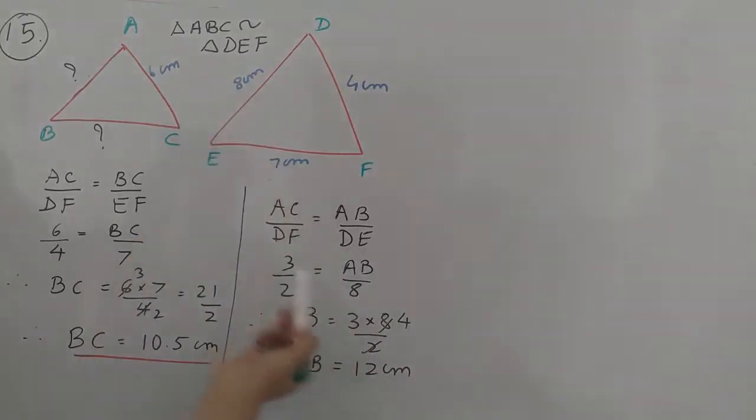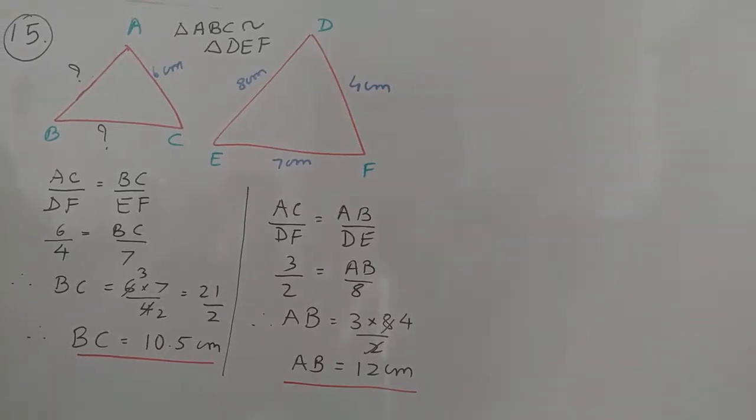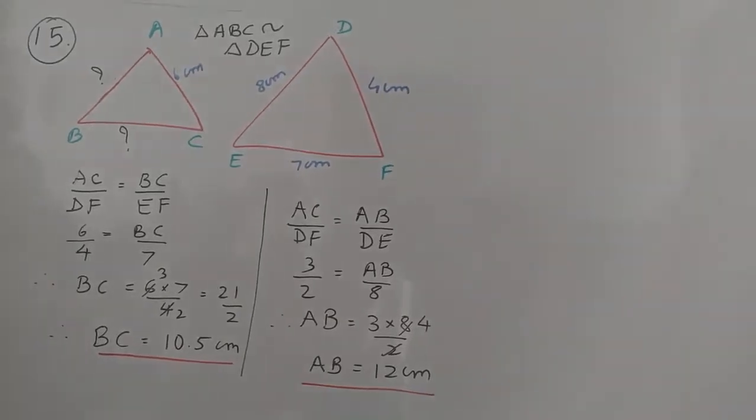Now taking this crossways, AB is equal to 3 multiplied by 8 by 2, and then by cancellation I get the AB value as 12 centimeters. So we get both the unknown sides' answers here. They asked to calculate the other sides, so here we found both the remaining sides' values.